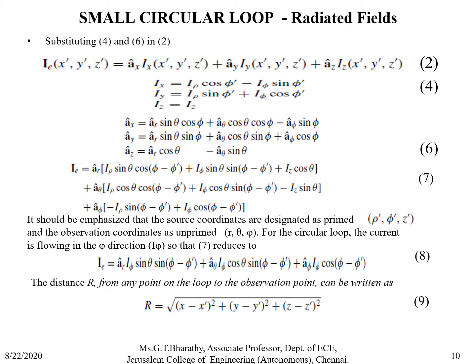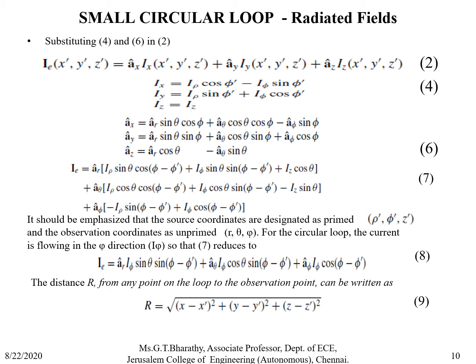Finally, the phi component a phi of [minus I rho sin (phi minus phi dash) plus I phi cos (phi minus phi dash)]. In the above expression, we can see that the primed components, that is rho dash, phi dash and z dash, represent the source coordinates, and the unprimed components, that is r, theta and phi, represent the observation coordinates.